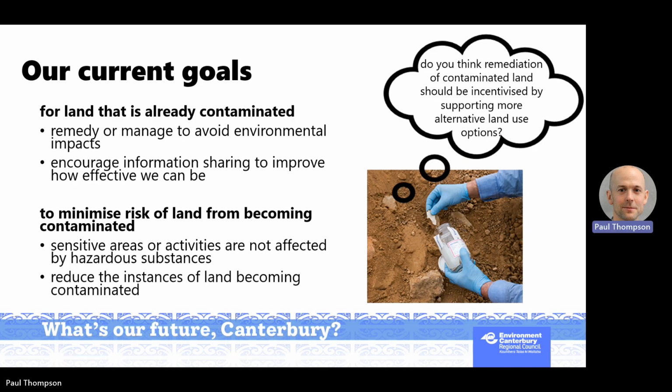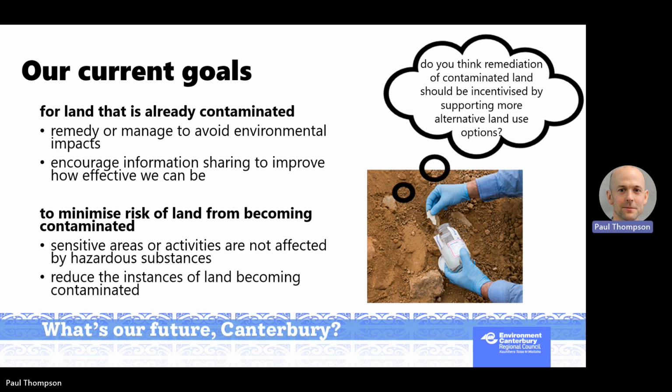So our current goals, the goals for soil land contamination in our regional policy statement, are currently for land that is already contaminated. The goal is to encourage actions that avoid environmental impacts to protect people and the environment. This is typically achieved by investigating contaminated or potentially contaminated land and identifying appropriate actions to address environmental risks.